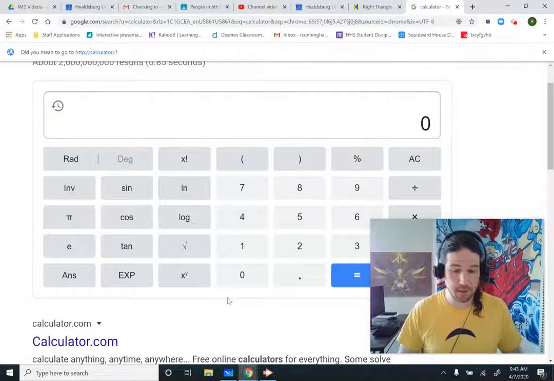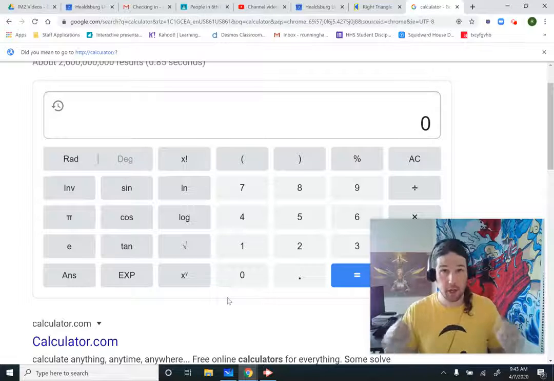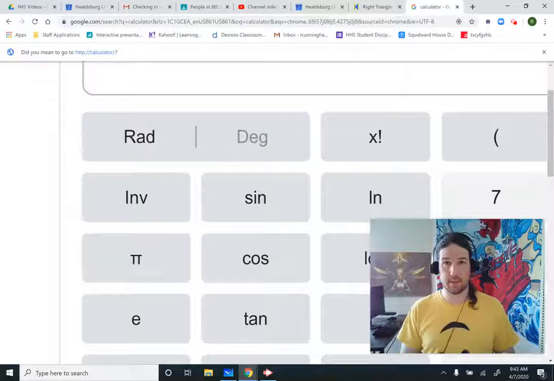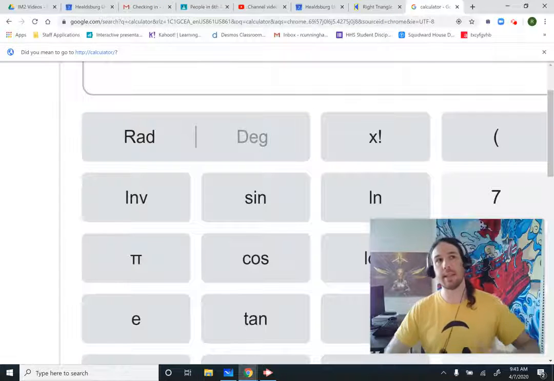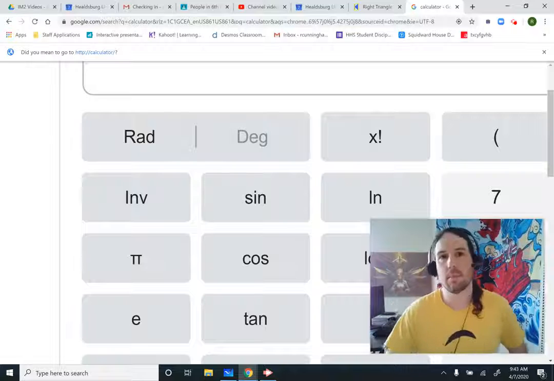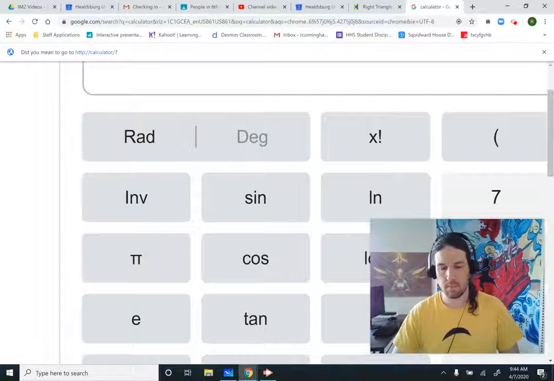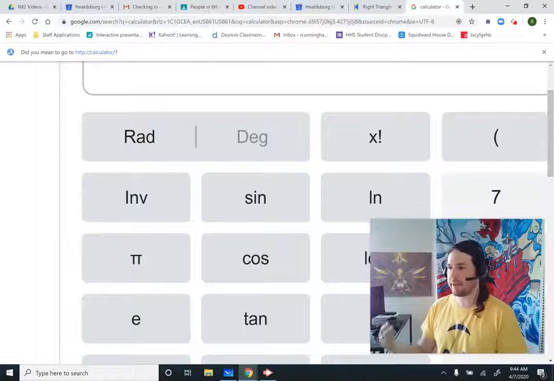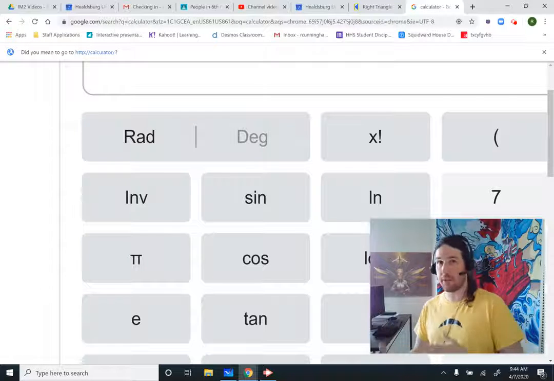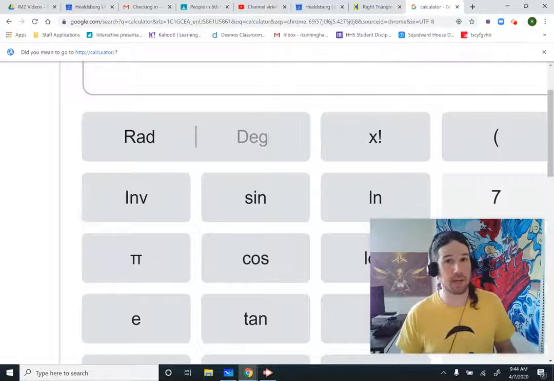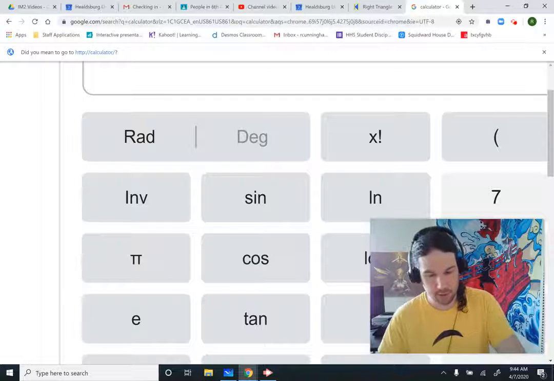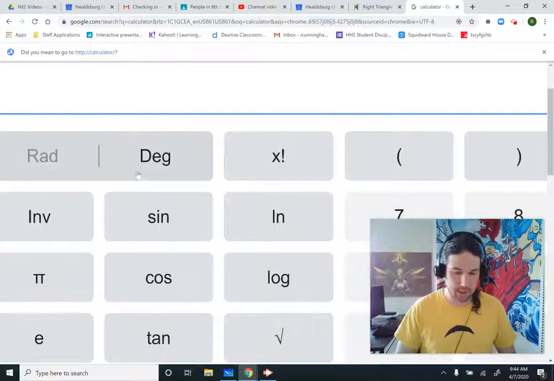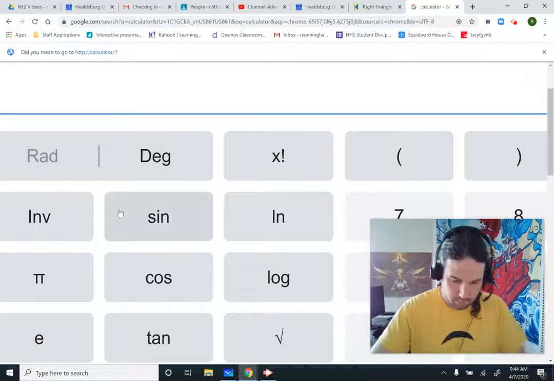First things first, very important that we remember this and check on your own calculator. The Google calculator defaults to radians, okay? Because in later math, radians become much more useful than degrees, so it's kind of assumed that you're working in radians unless you specifically say degrees. So we're going to specifically say degrees. See how degrees is now solid and radians is now gray? That means we're in degrees.